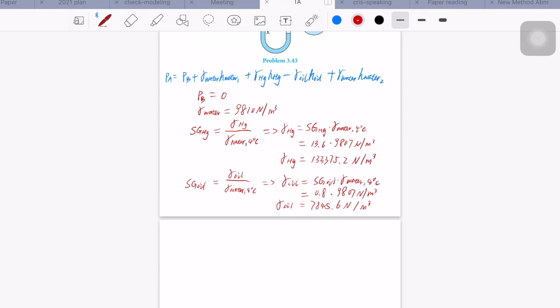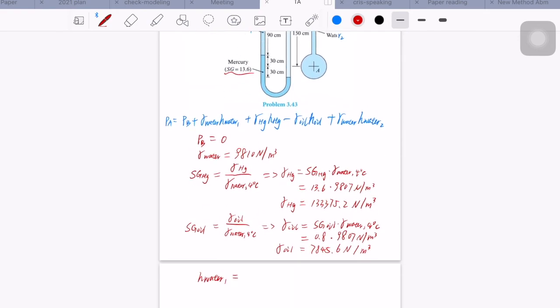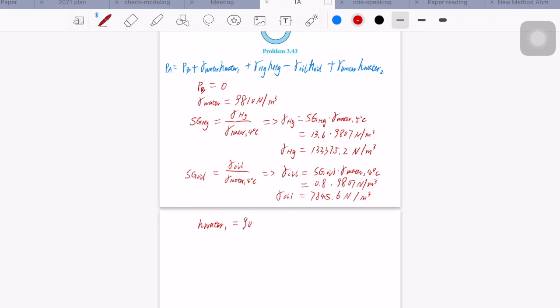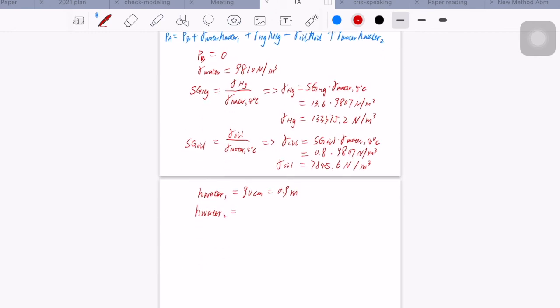And then we know H water 1 is 90 centimeters equals 0.9 meters, and H water 2 equals 150 centimeters equals 1.5 meters.